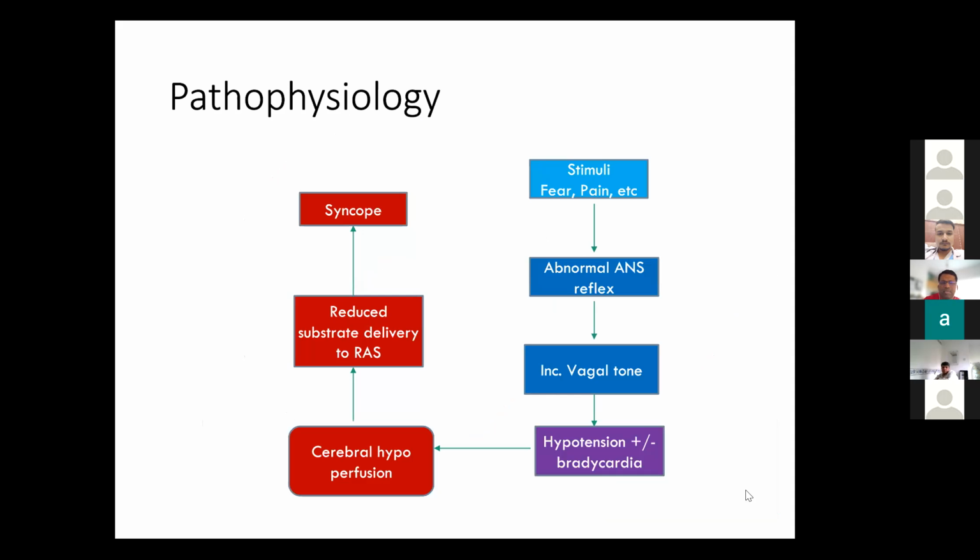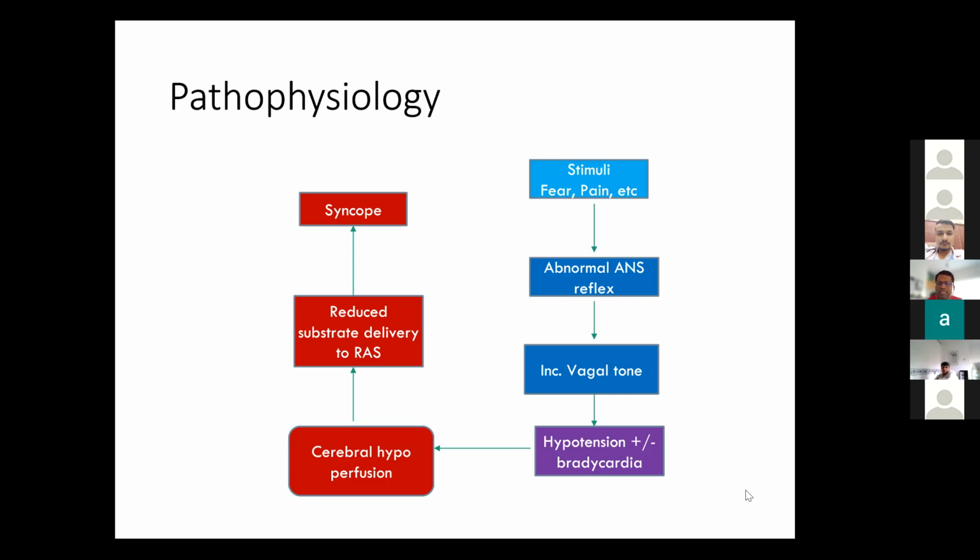So if you see this, in the vasovagal type it can be because of any stimuli. Most often it's due to an external stimulus: fear, pain, situations with instrumentation or unfamiliar surroundings, prolonged standing, anything which triggers an abnormal autonomic reflex response, causing increased vagal tone, leading to reduced heart rate.